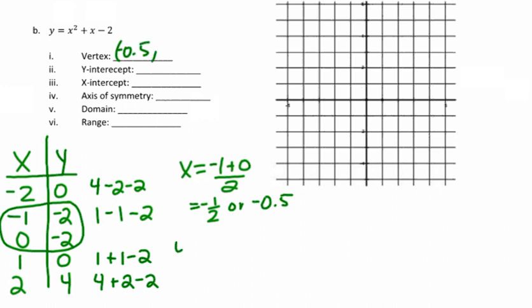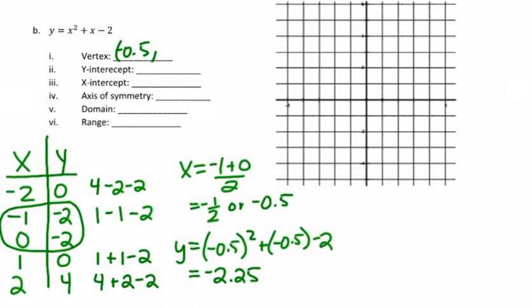To identify our y value at that point, we want to plug that in. So -0.5 squared plus -0.5 minus 2 gives us -2.25. So my vertex is at -0.5 and -2.25.